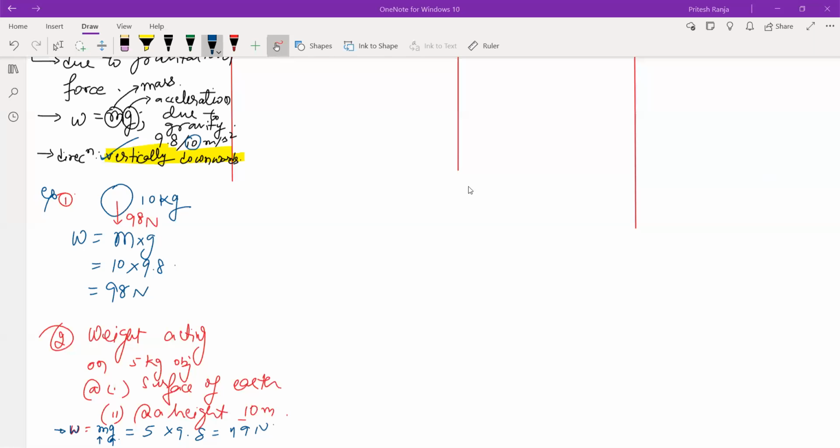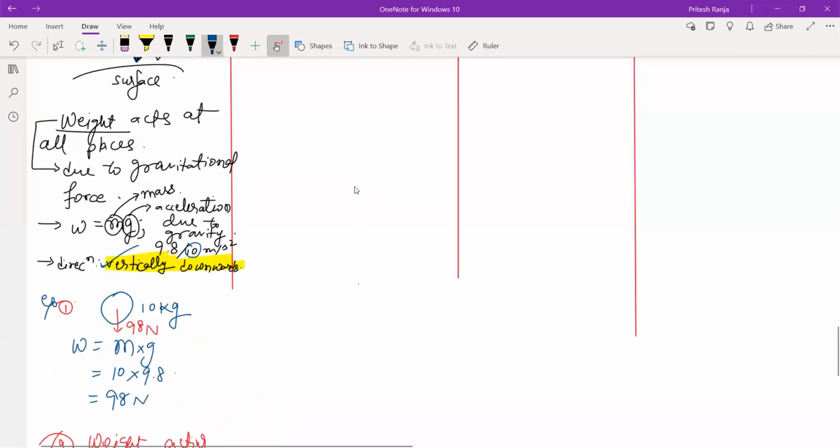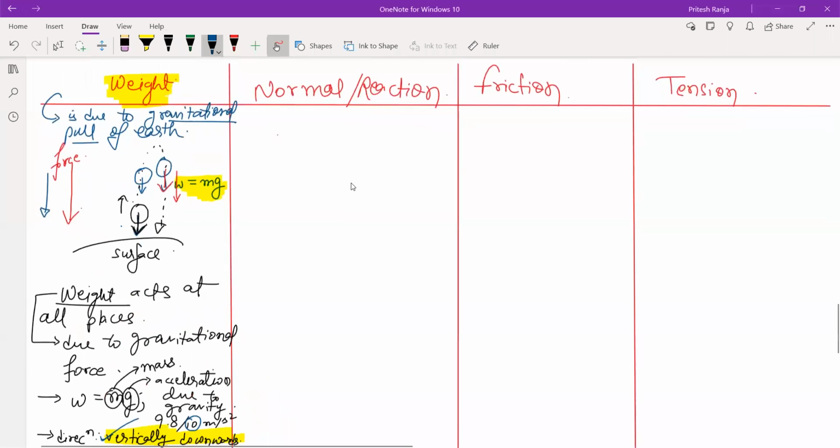Okay, let us talk about the next force, that is reaction force. So let us suppose I keep any object on the surface of, let us say table. ये एक टेबल है और टेबल पे मैंने इस 10 kg ब्लॉक को रखा है, right? Understand the scenario. I have kept an object on the surface of table.